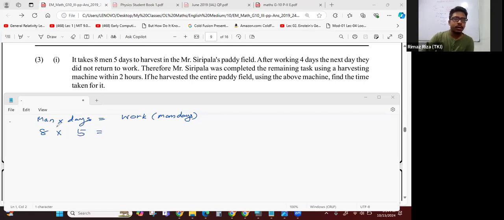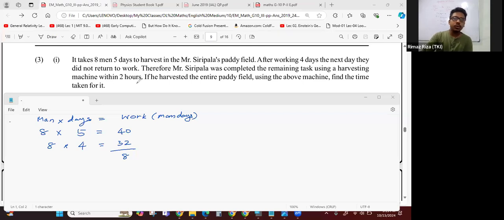So it will take 8 into 5, the work is 40. That means 40 man days. After working 4 days of these 8 men, how much of the work have they completed? 8 into 4 is 32. Right? So the remaining work is 8.